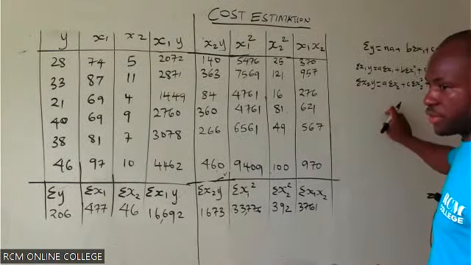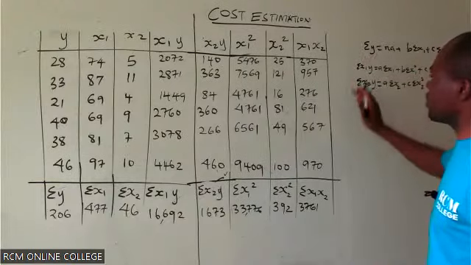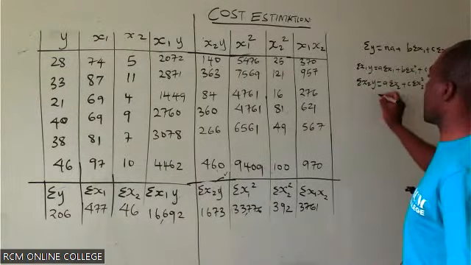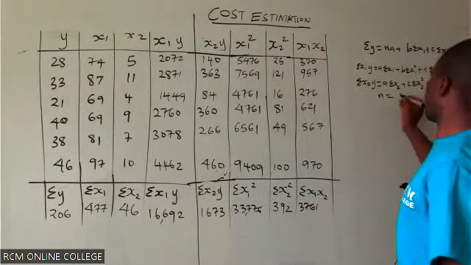This is the function. So let's go ahead and replace what we have. Summation of y, remember we said that our n is equal to the number of observations, which is 6.